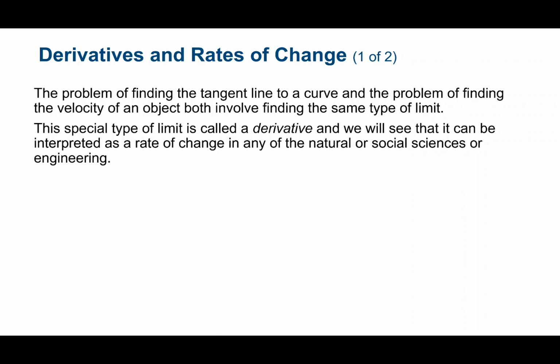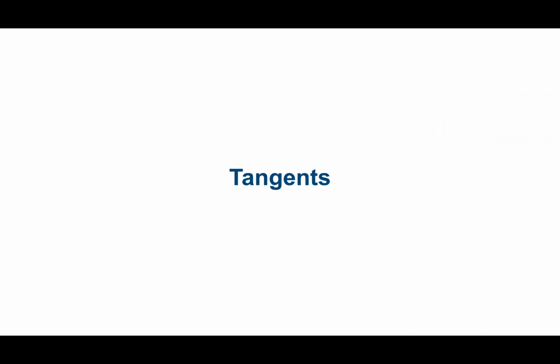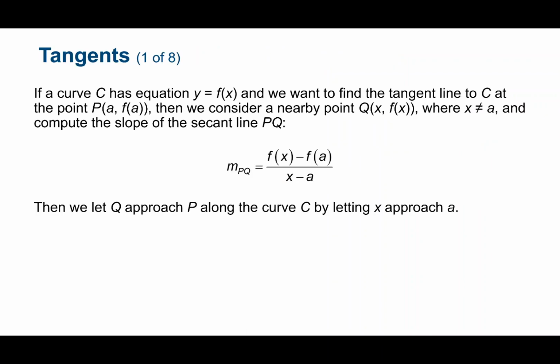So let's start from the tangent line perspective. Tangent line to a curve. We've already looked at this a fair amount. Here we've got some curve, we're calling it C, you can think of it as f of x.